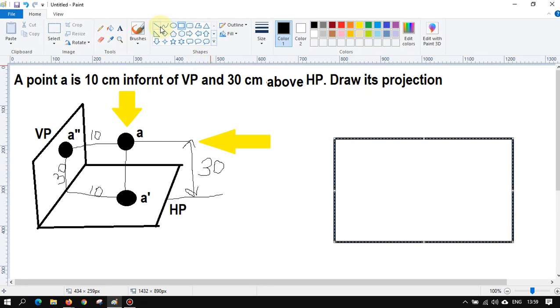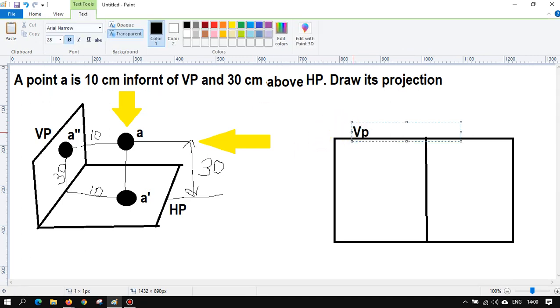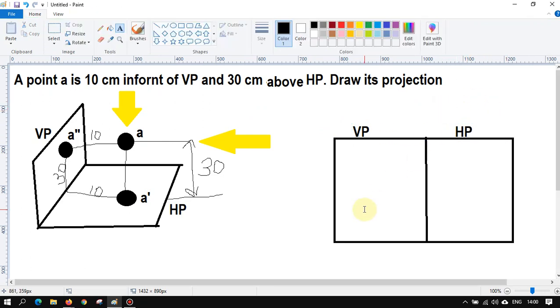Okay, so this will be your VP. Let me draw the HP. This will be your HP.